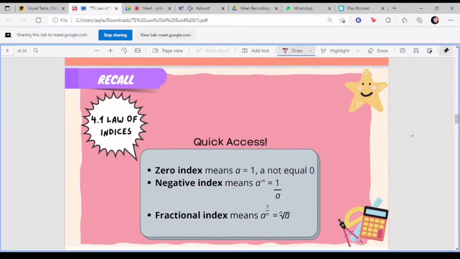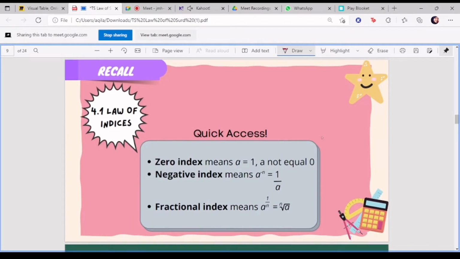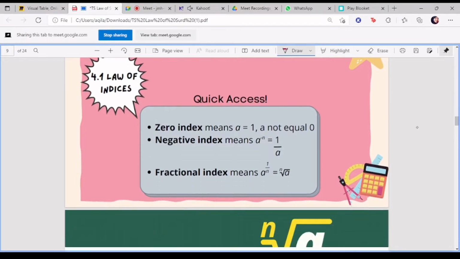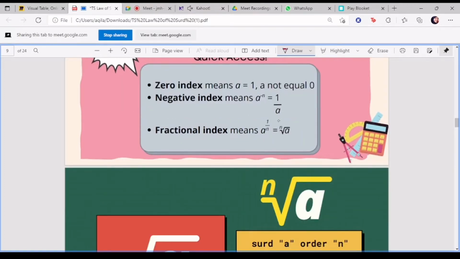Before that, let me recall again what we have learned last week. So, 4.1 Law of Indices, quick access. We had learned zero index, negative index, and lastly, fractional index, right? So, fractional index, we have a to the power of 1 over n. So, 1 over n is indicated like this, right?